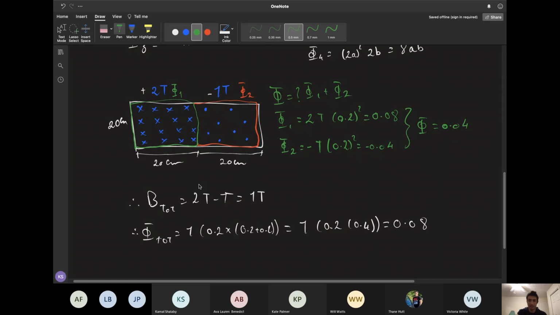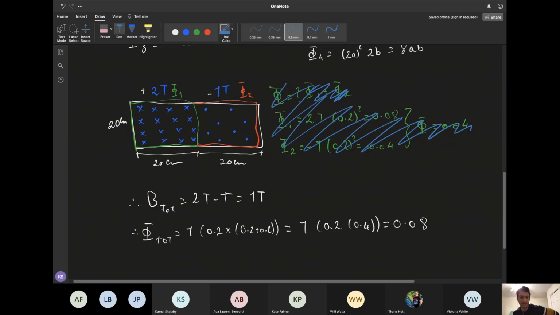I'm sorry. Now I remember. Flux is something that doesn't get added. So scrap this, this is wrong. You don't add flux. You add the magnetic field though.